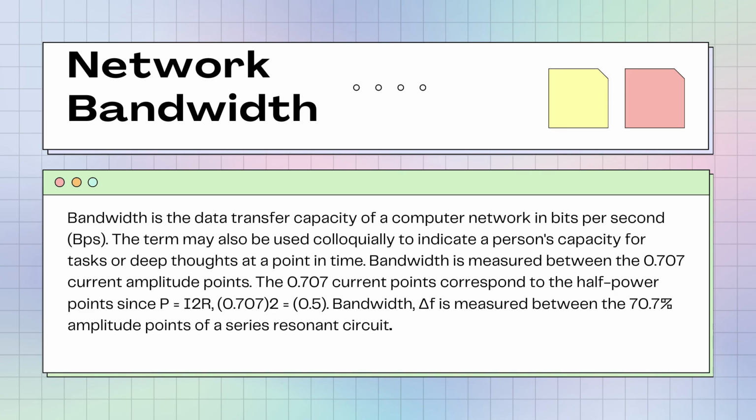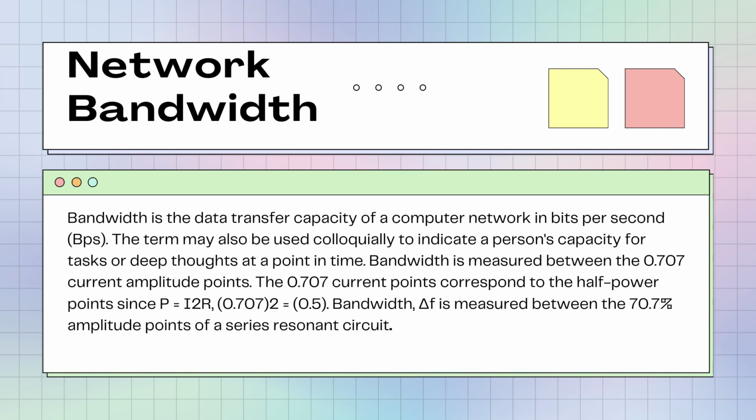For the first, network bandwidth. Bandwidth is the data transfer capacity of a computer network in bits per second. The term may also be used colloquially to indicate a person's capacity for a task at a point in time. Bandwidth is measured between the 0.707 current amplitude points.